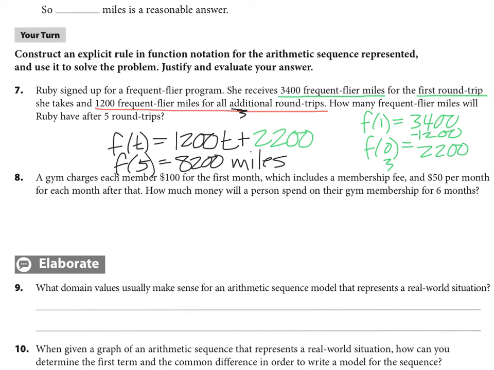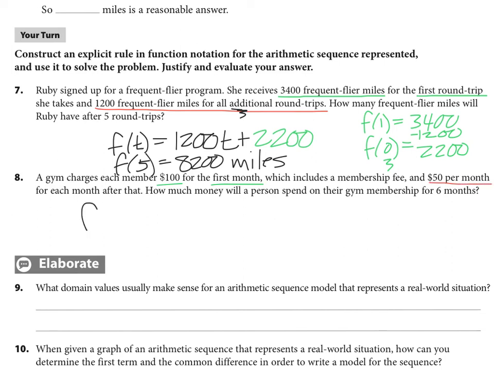Okay, let's do this next one real quick. The gym charges each member $100 for the first month. Okay, so again, $100 first month, which includes a membership fee, and $50 per month. There's that word per, so there's our slope.